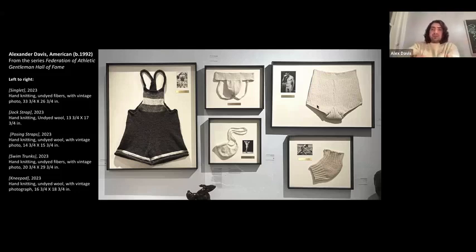I became really interested in early male figure photography and beefcake photography, and particularly interested in the queer history of these objects, and specifically how early erotic images of men had to be presented in a covert way. There were blue laws that made it illegal to mail erotic material and publish erotic material.